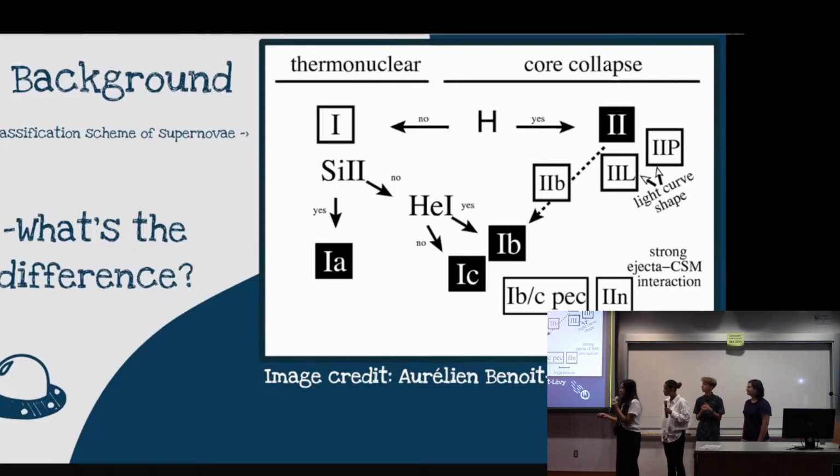The main classification of supernovas, whether they're type 1 or type 2, is based on hydrogen. On the spectral line, if there's a presence of hydrogen, then it becomes a type 2 supernova. If there's an absence of hydrogen, then it's going to be a type 1 supernova.